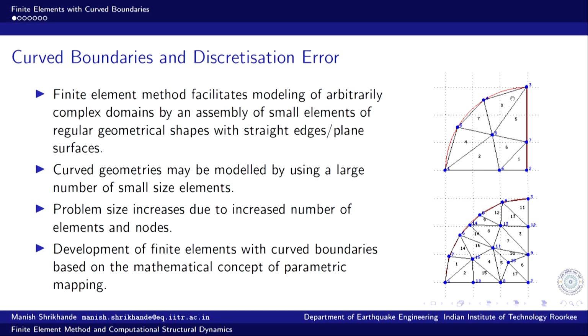And that is why it is important to explore if it is possible to look for mapping this, or somehow modeling this edge of the element to coincide with the problem boundary. So, if I can somehow make this element boundary coincide with the problem domain boundary, the error in discretization of the domain would be greatly reduced and brought under control.